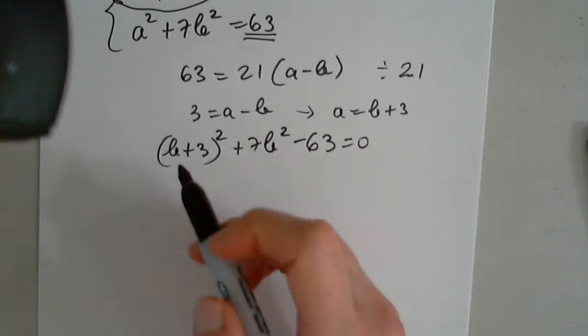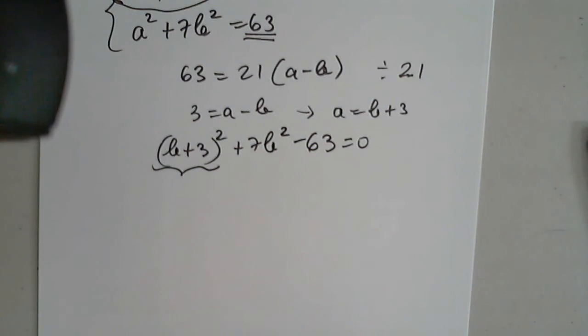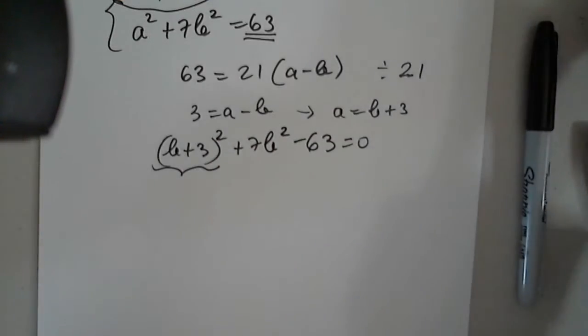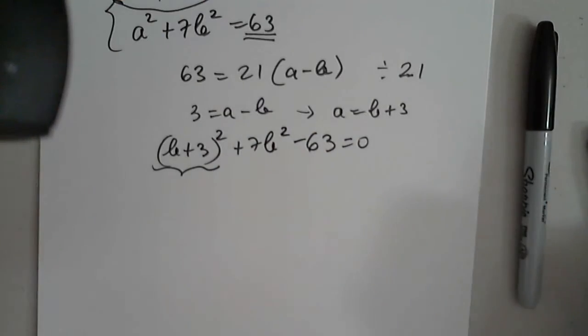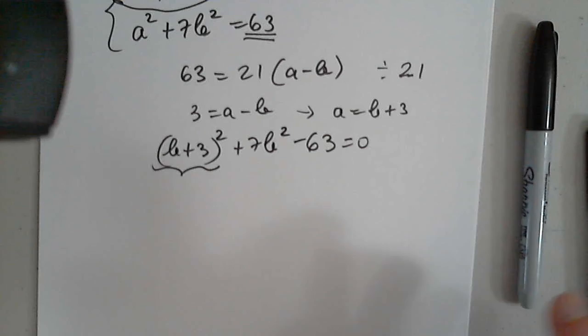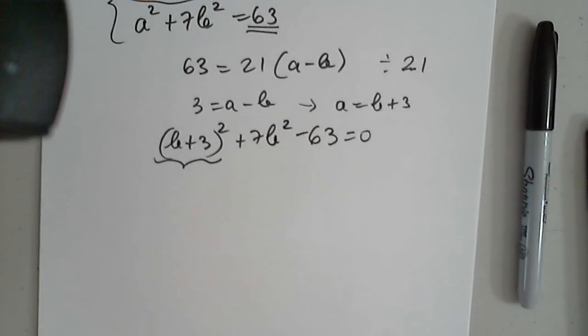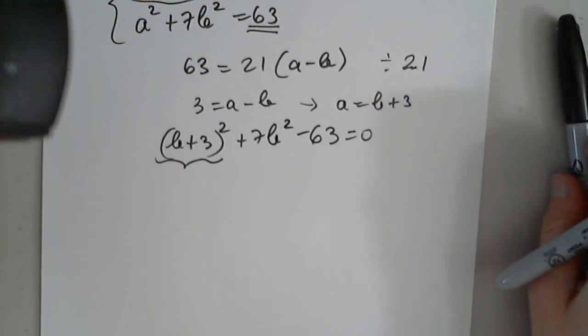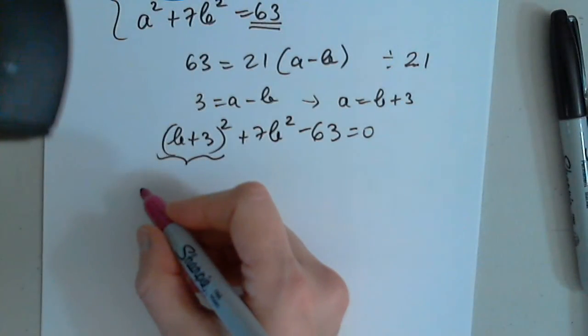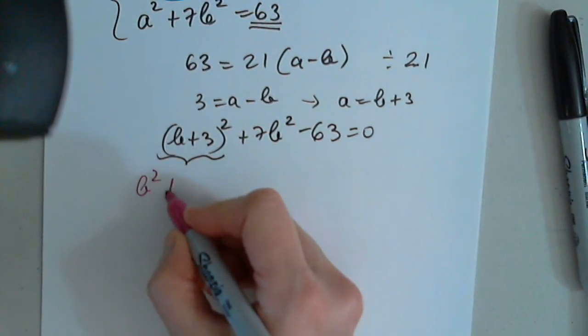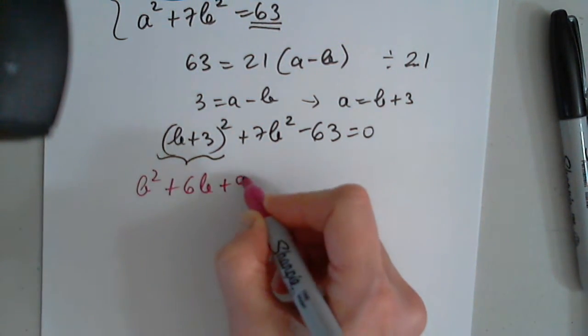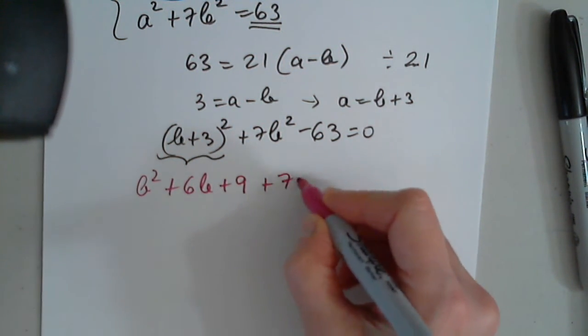Okay, who will tell us how many terms a binomial will have? Can anyone square this binomial for us? 3 terms. Okay, I'm ready. Can anyone give us those 3 terms? b squared plus 6b plus 9. Good, very good. Plus 7b squared.